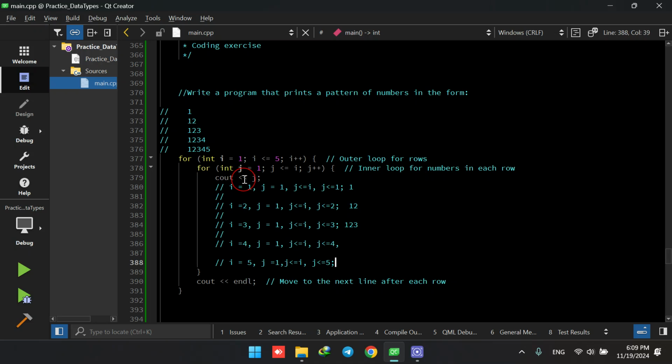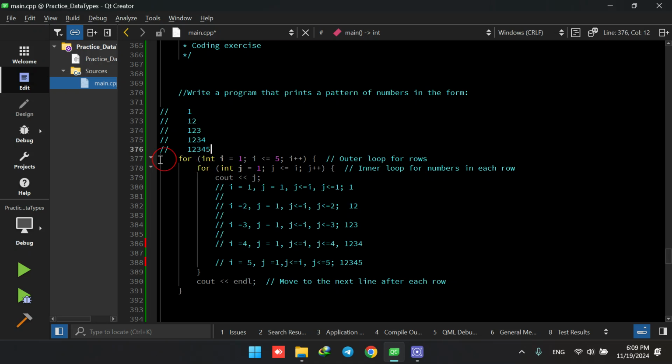So it prints 1 one time, and then increases the value of j, comes back here, it prints the value 2, 3, 4, and finally 5, and it cannot go beyond 5, because when j is 5, it is reaching its maximum level, which is 5, and then it goes to the next line.